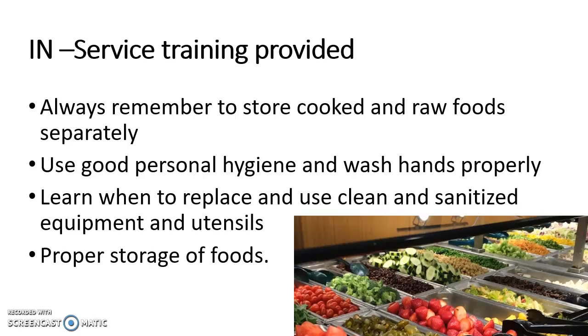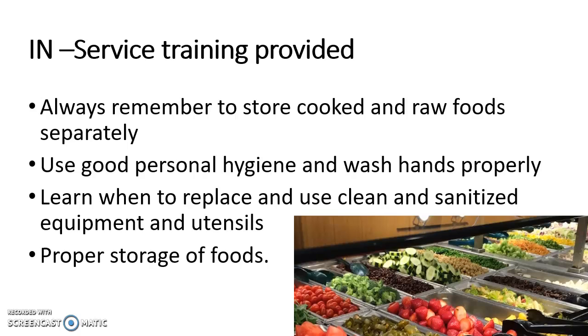Use good personal hygiene. Teach employees to wash hands properly whenever they use restrooms, and before handling any kind of raw or cooked foods, and they should keep washing their hands constantly. They should also learn when to replace and use clean and sanitized equipment and utensils.